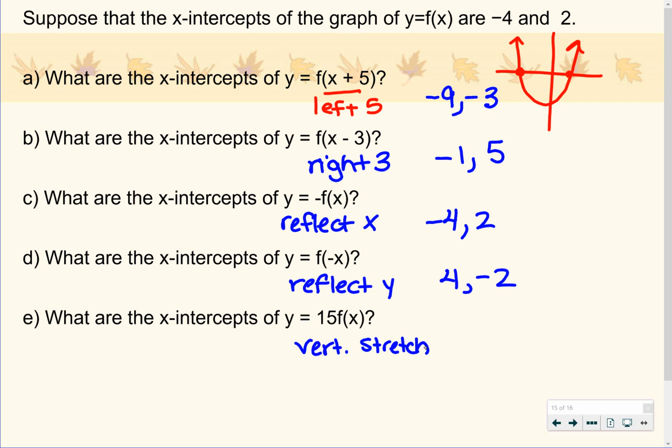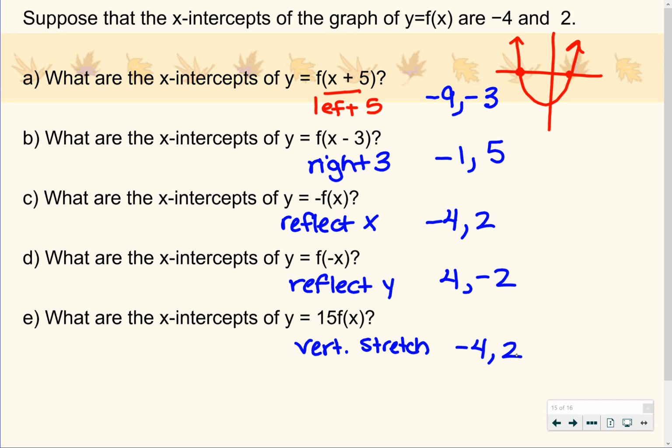What's 15 times 0? Still 0. If you are on the x-axis and you want to be 15 times more that distance, you're still on the x-axis. So negative 4 and positive 2. If I did a vertical shrink, they would remain the same. Now, if I did a horizontal stretch or shrink, that's when they would change.